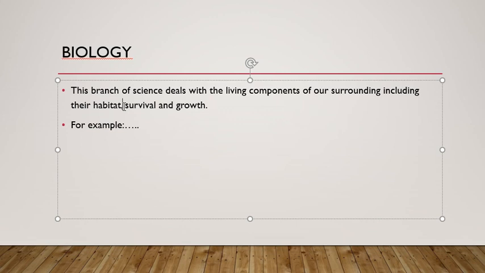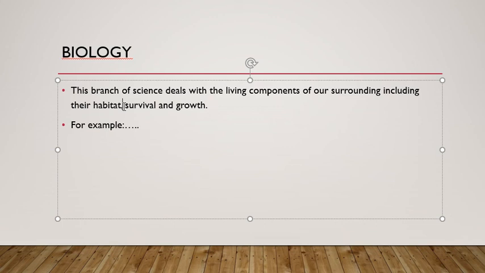Our environment includes two things, living and non-living components. We know that very well. Living things include humans, animals, and plants, and their habitat includes the surrounding they live in.